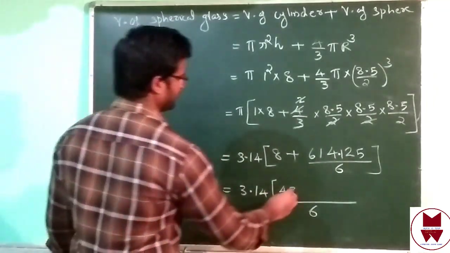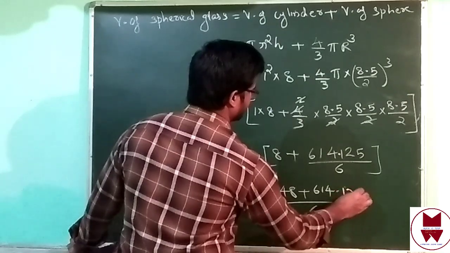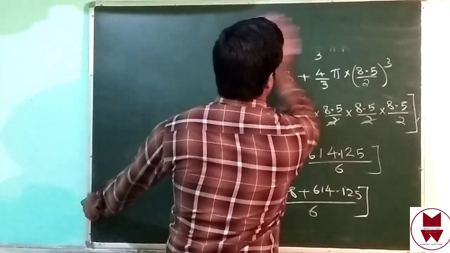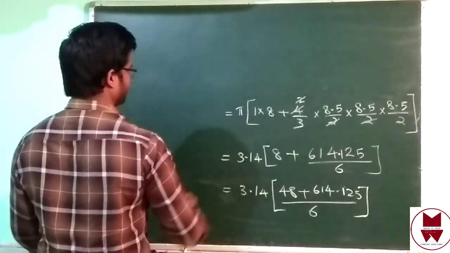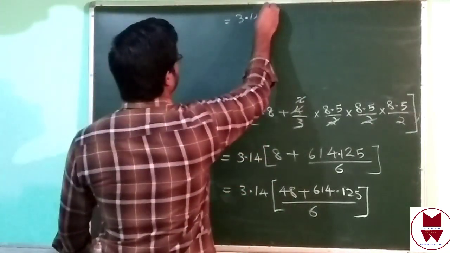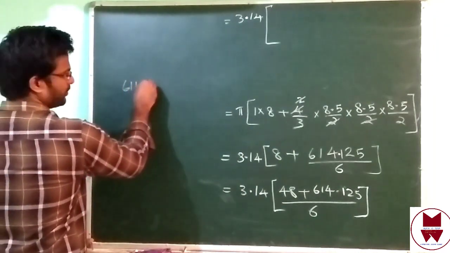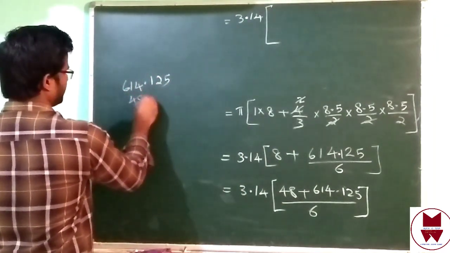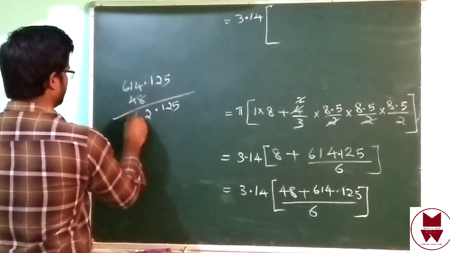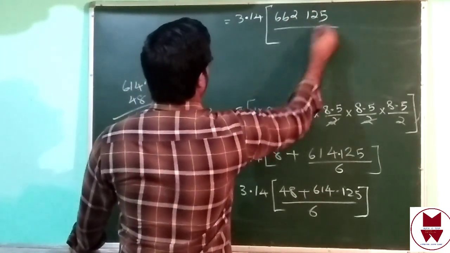Directly we can write 48 plus 614.125. Then 48 and 614.125, that gives 662.125 divided by 6.